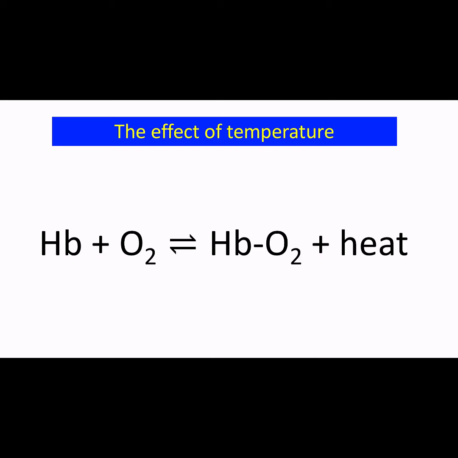What about the effect of temperature? Well, it so happens that the combination of hemoglobin and oxygen to oxyhemoglobin, which goes from the tense state to the relaxed state, releases energy in the form of heat. That should make sense because hemoglobin in the relaxed state is much more calm.